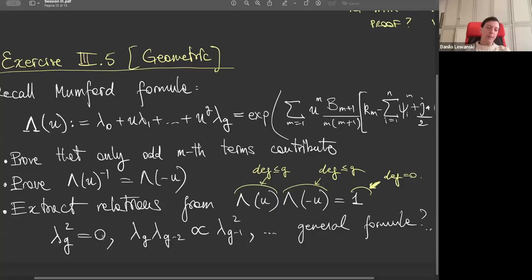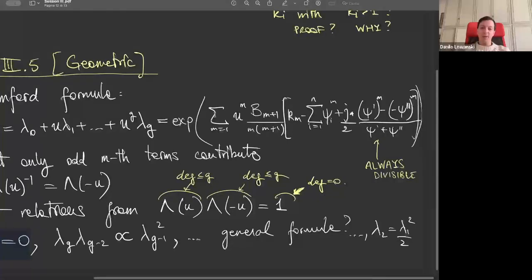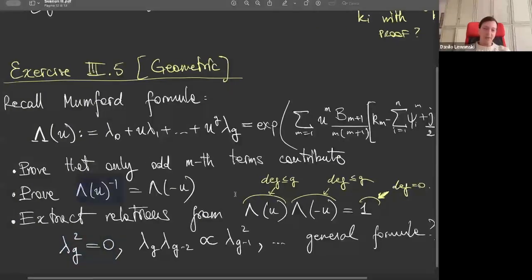So you can prove that from the geometry, but you see how nicely you get this relation just from the Mumford formula, because you just multiply by a minus, then you notice that you only have these contributions, and then you get this equation over here.